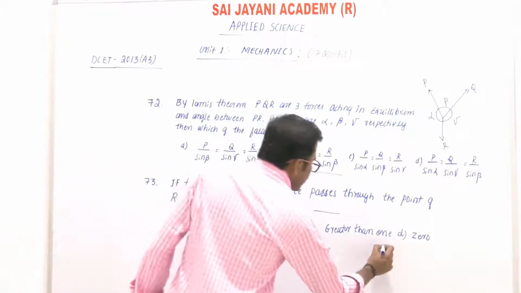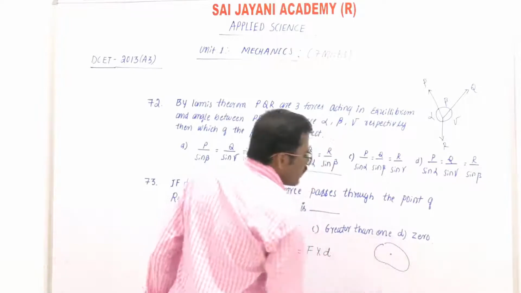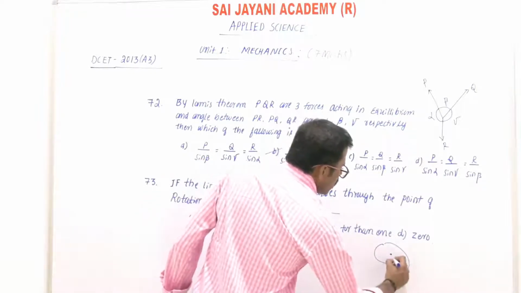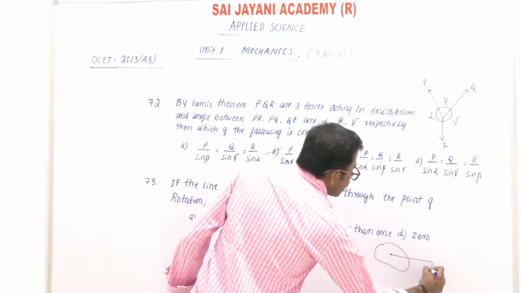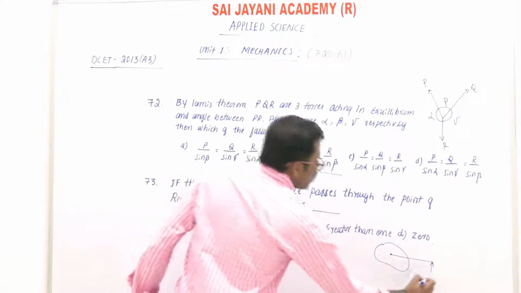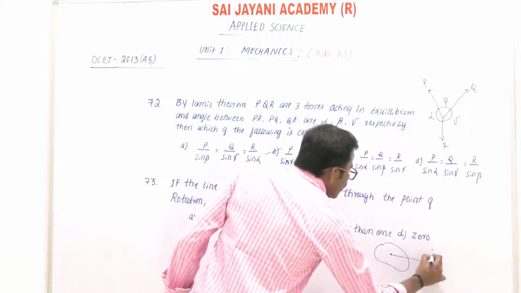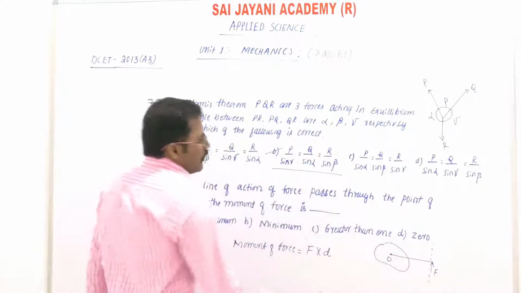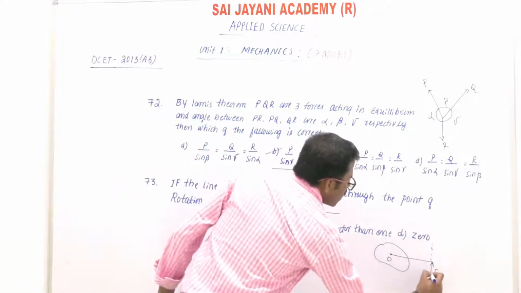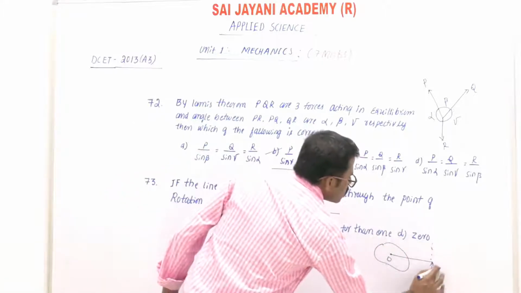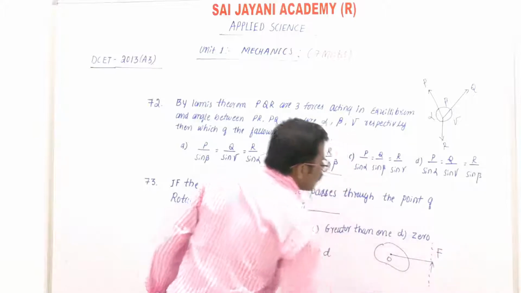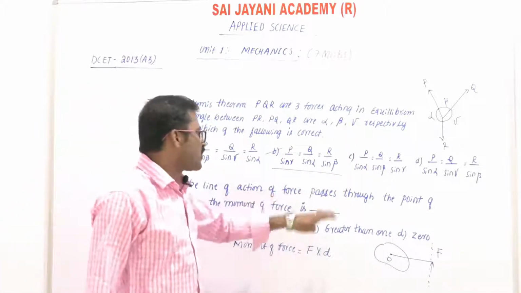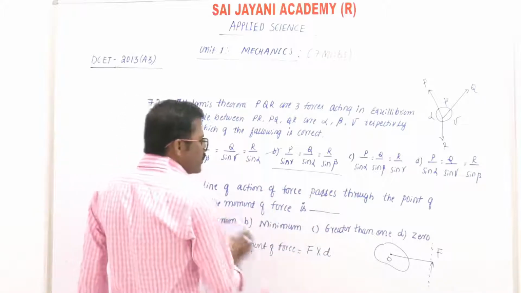So if I consider this a point O and I apply the force, the line of action is away from this point. This is the line of action of force. He says in the problem that the line of action of force passes through the point of rotation.